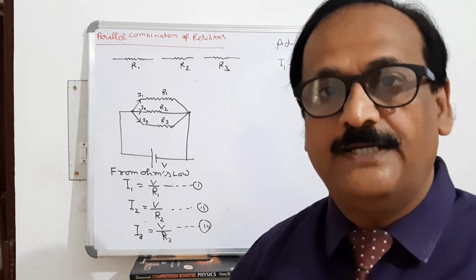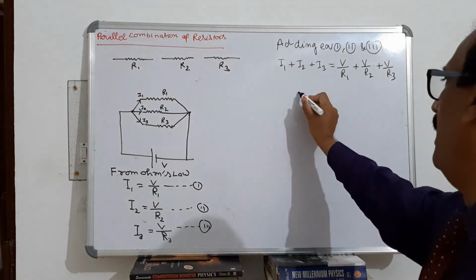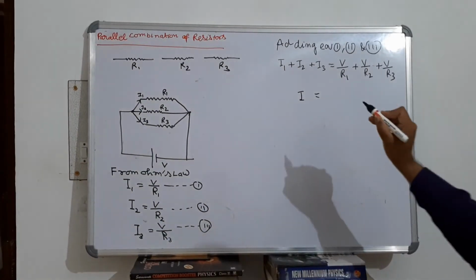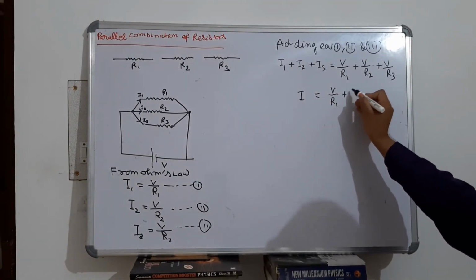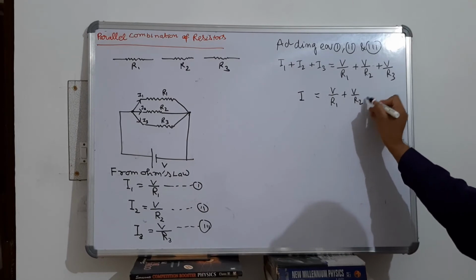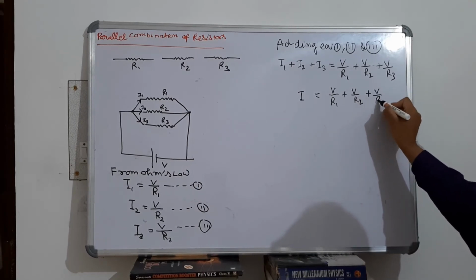Now I1 plus I2 plus I3 is equal to the total current I. So I is equal to V upon R1 plus V upon R2 plus V upon R3.